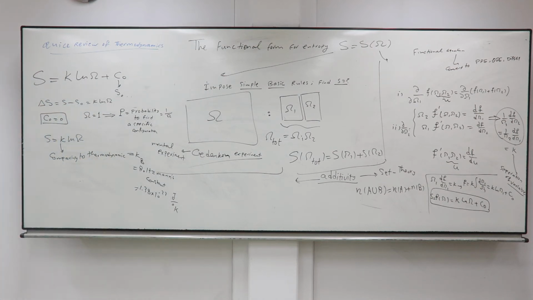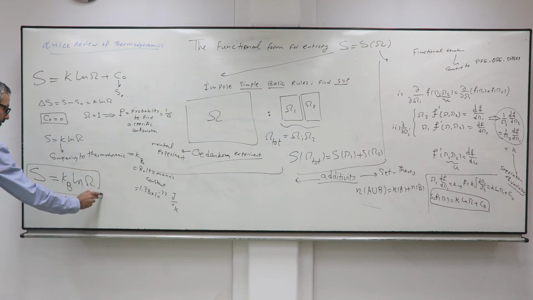So that's all, and so we understood that the S can be written in this way. If you give me the omega, I can give you the entropy. From the entropy, you can obtain all the thermodynamical parameters, like the pressure, like the total energy, like everything.